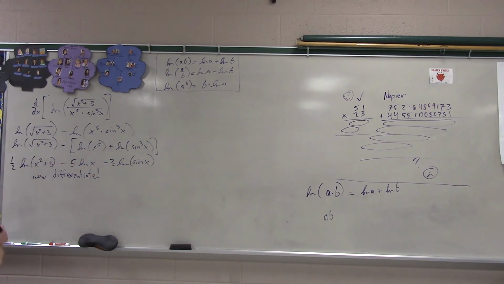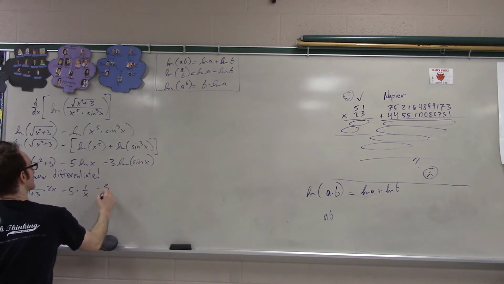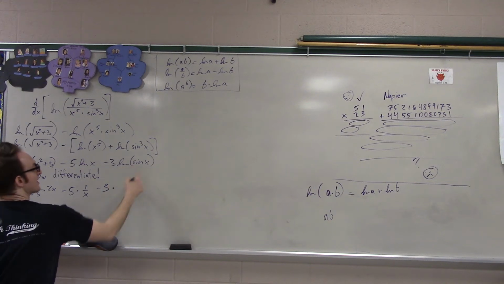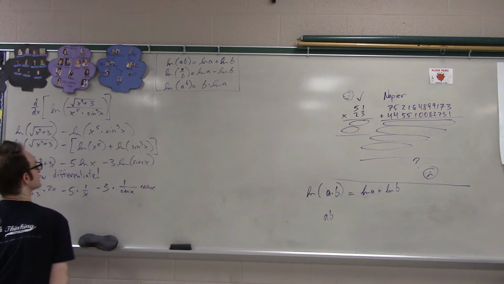So how do we differentiate this? We just kind of do it, right? This is 1/2 times the ln of x squared plus 3. Well, the derivative of ln of something is 1 over the something, times the derivative of the something, minus 5 times the derivative of ln x, which is 1 over x, minus 3 times the derivative of ln of something, which is 1 over the something, times the derivative of the something.